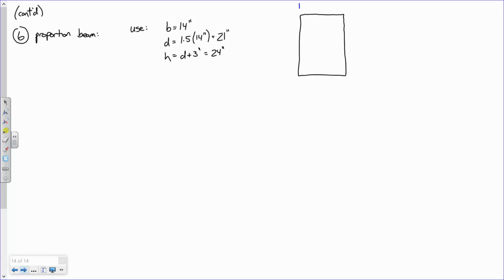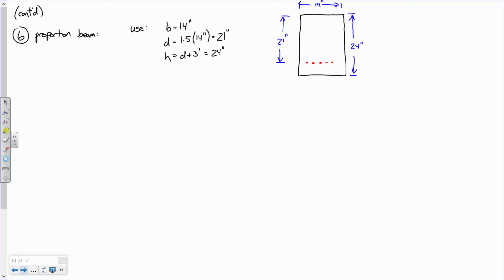We know that this is 14 inches. We know that this is 21 inches. And we know we've got some steel in here. We're just not sure what it is right now. And we know that this is 24 inches.